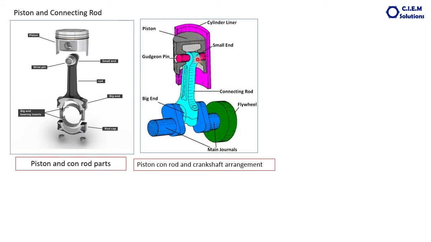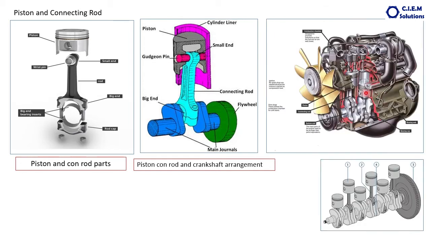So the connecting rod, which is connected to the crank pin of the crankshaft, makes the crankshaft rotate in a circular path. You can see the cut section of the engine where you can find the piston, connecting rod and crankshaft in these cylinders.